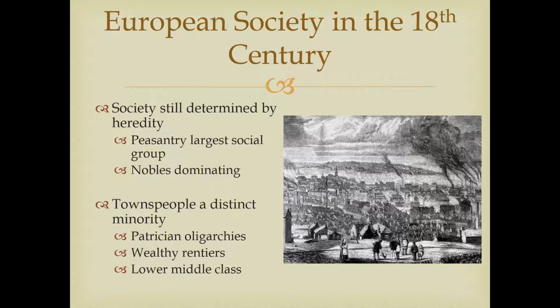A lot of the people that become middle class are going to move out into the countryside away from the city. They'll do all their business in the city, but you're going to see a lot of the upper class moving out of the city. And so really the people that actually live within the most cluttered part of the cities are the lower middle class and then laborers and working class.